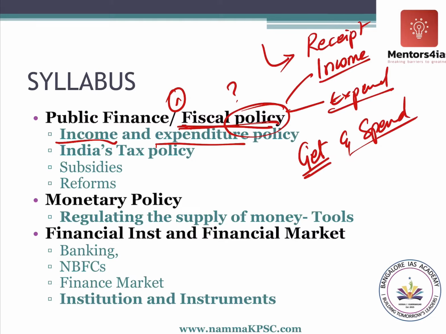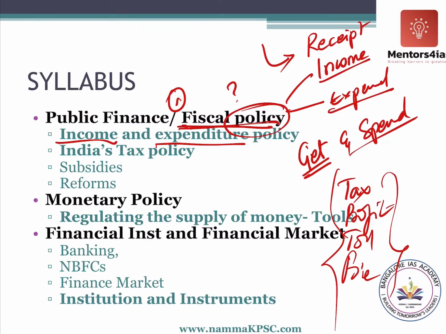For example, the government will say that I am going to collect so much tax, so much profit, so much toll, so much fine, etc. This will become the receipt of the government. On the other hand, it will say that I am going to spend this money on agriculture, on health, etc. These decisions of the government are known as fiscal policy.